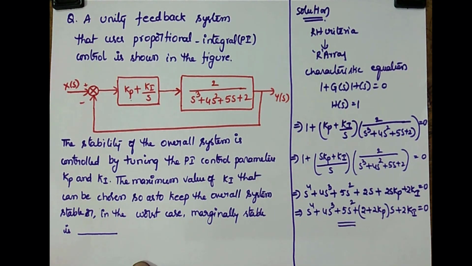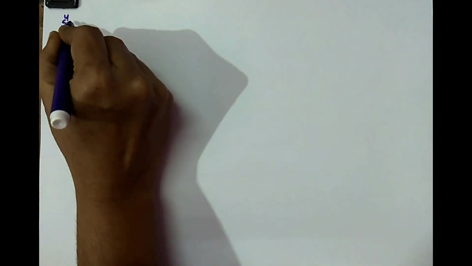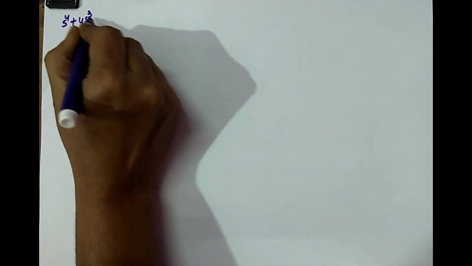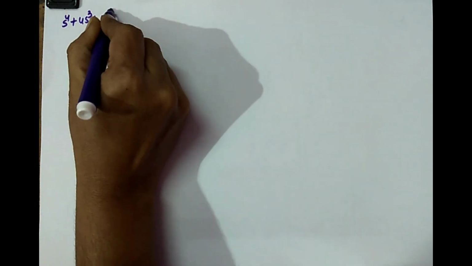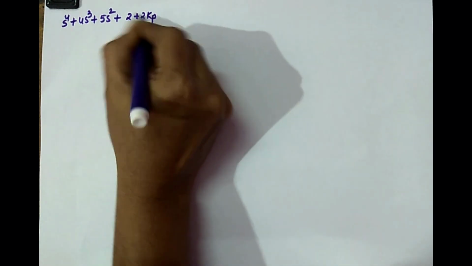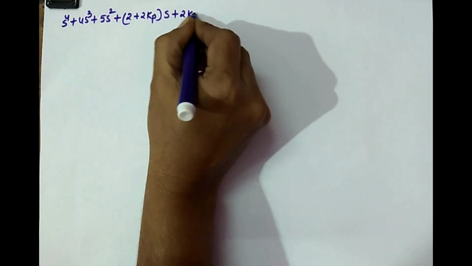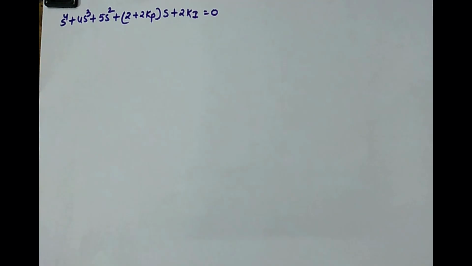Now you have to form the Routh array. Consider the characteristic equation s power 4 plus 4s cube plus 5s square plus (2 plus 2 Kp) s plus 2 Ki is equal to 0.